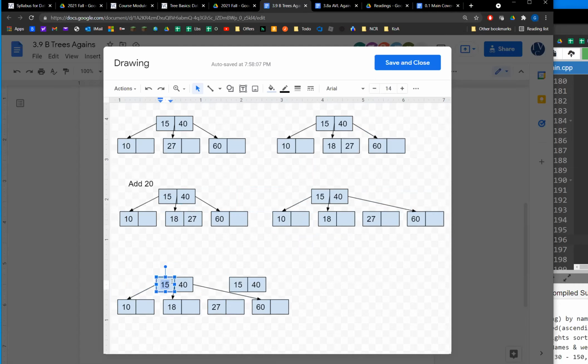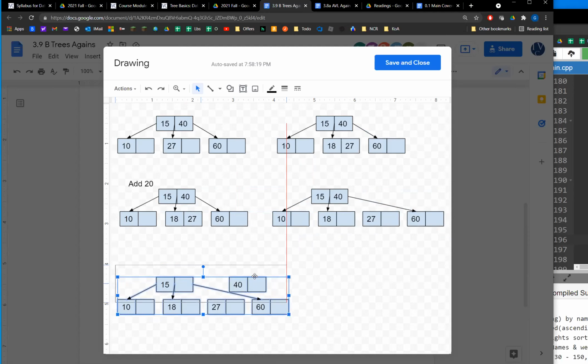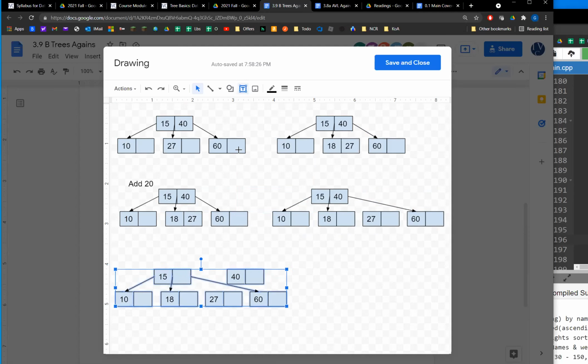All right, so we'll have 15, 20, and 40 in the root node. 40 pushes over. And 20 is going to be promoting its way up. We got 20 here, floating its way up the tree.